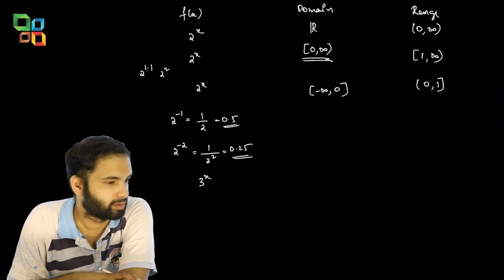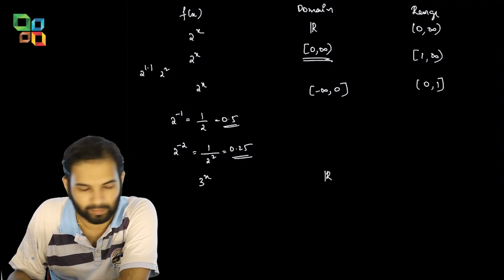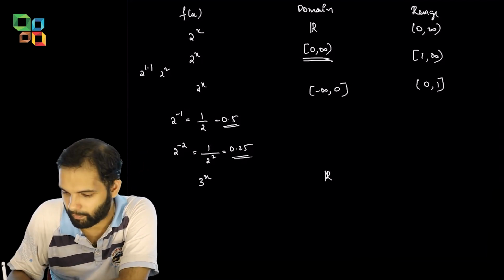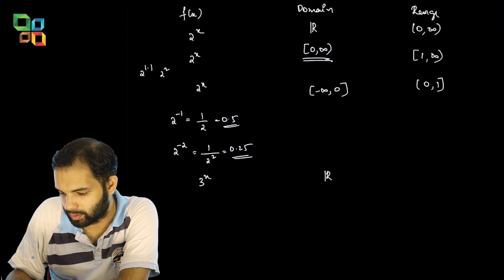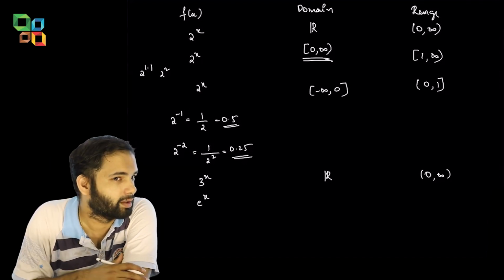So what about 3 power x? All real? Okay. What about range? Same. 0 to infinity. Okay. Now, what is this e power x?